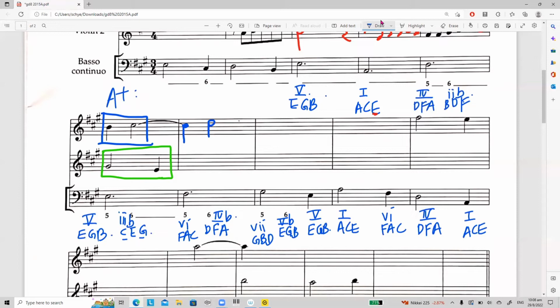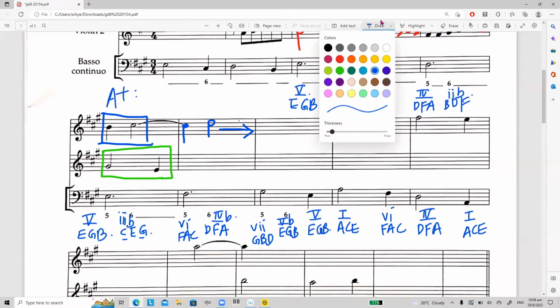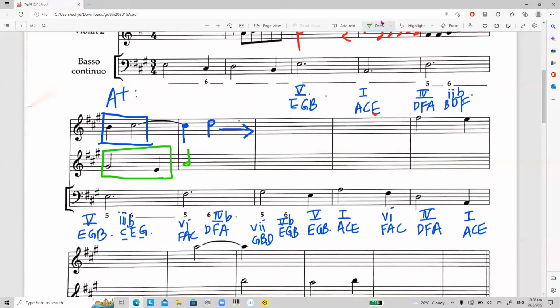I choose to have the blue color pattern at the first violin for this bar. And then for violin 2, I use the green color, F, A. And then F, A, C, so I have an F, A, C here.